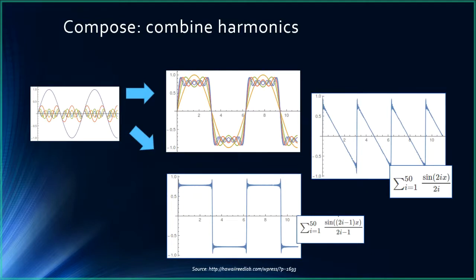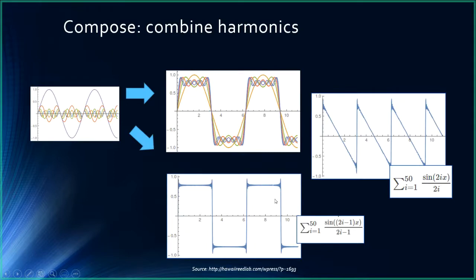And in fact, you can see that depending on how you combine these different signals, how you combine these harmonics, you will be able to synthesize different types of signals. You see in the figures that you can have square or sawtooth signals, and the only difference is the way you combine these harmonics.